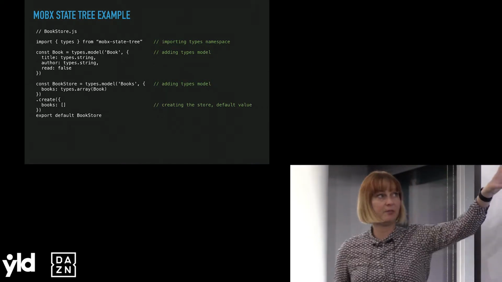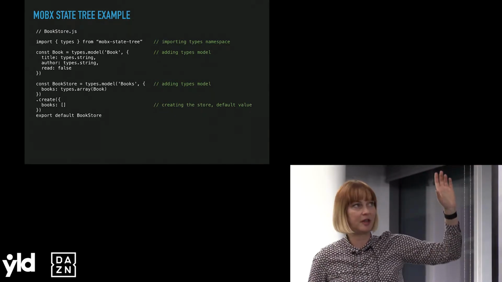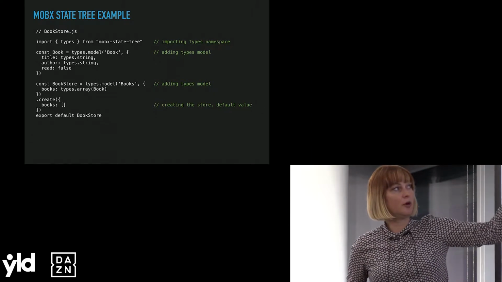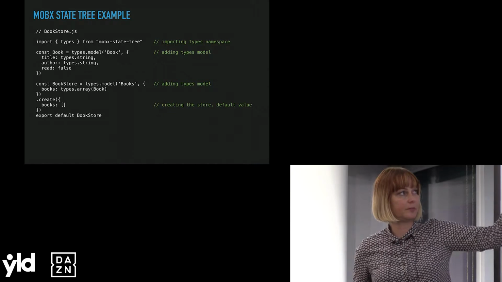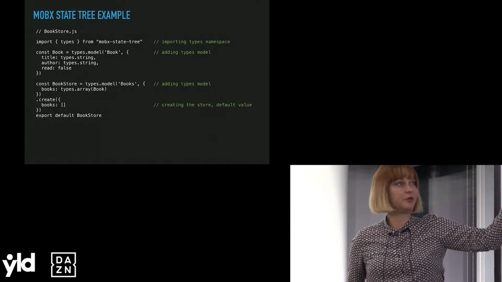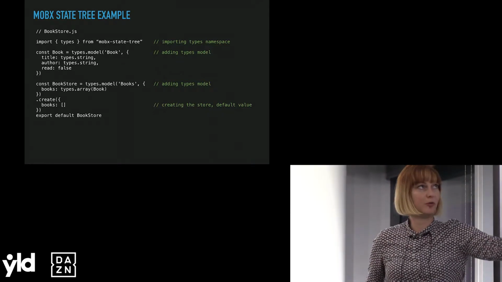So this is a very, very basic structure of the Mobx State Tree. We name it book, and our model has some properties. These properties are actually our state. However, these types create the shape of our Mobx State Tree.